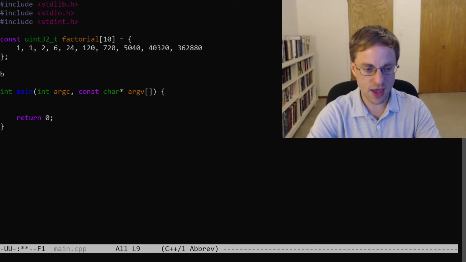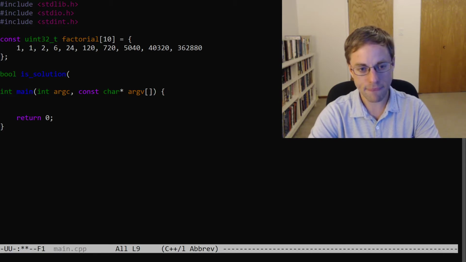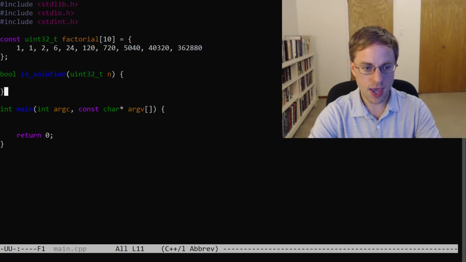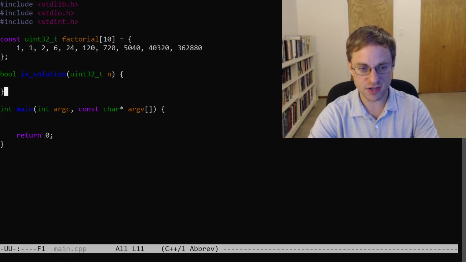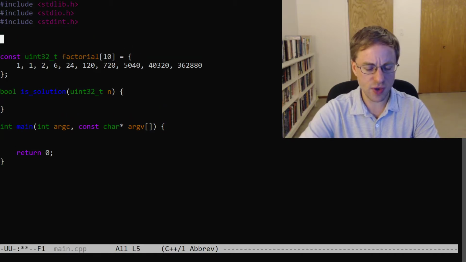Okay, so let's now write a little function here, is solution. And this is just going to take our integer n and calculate the sum of the factorial of its digits. So we'll need to be able to convert this to a string.